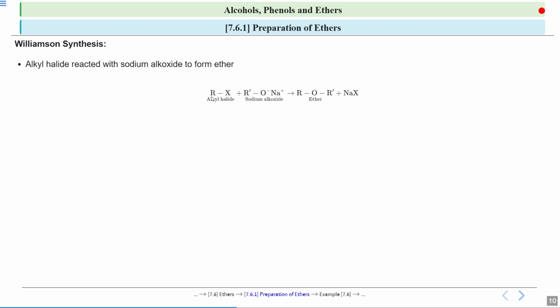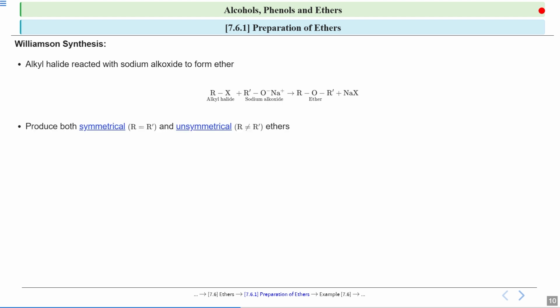When it attacks this R group, the halide will leave from here. So what will be left? ROR dash, and NaX, that is sodium halide, has left. This is how from alkyl halide you will form an ether by reacting it with sodium alkoxide.